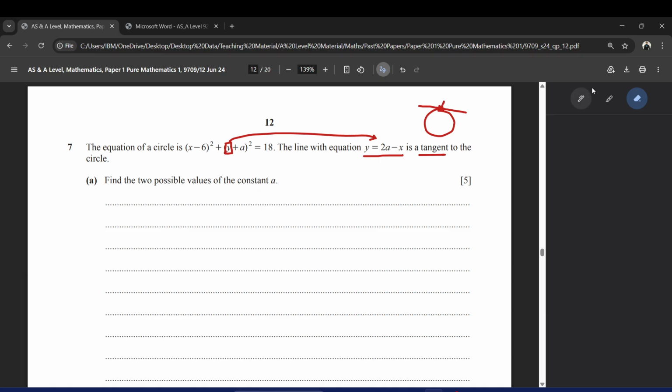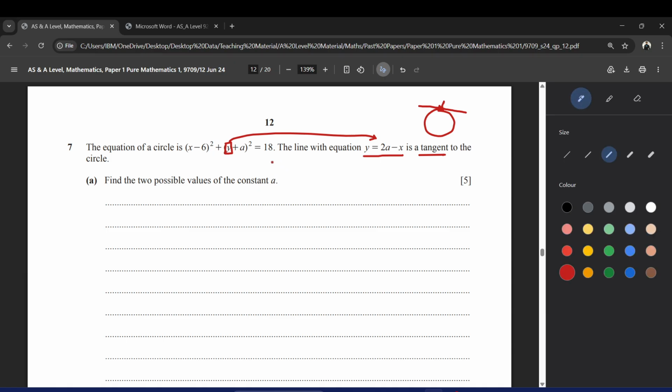If I can manage to find the value of x, that x coordinate will be the intersection point over here. Got it? All right, so let us first start with this. That will be our starting point.